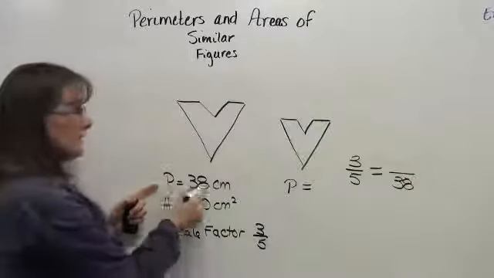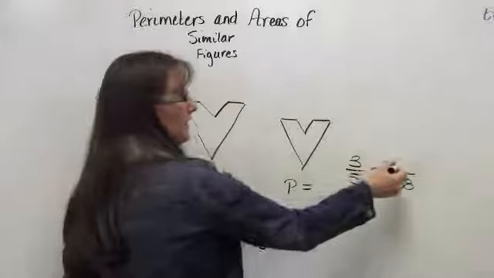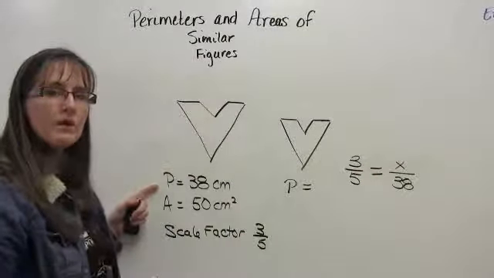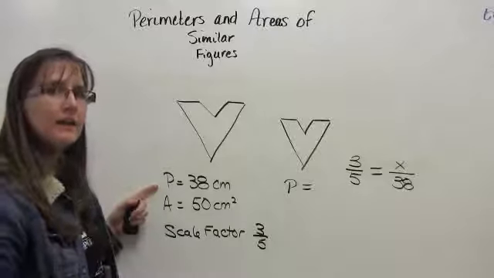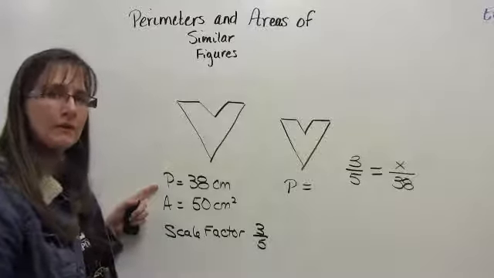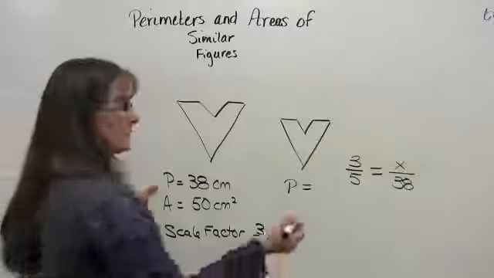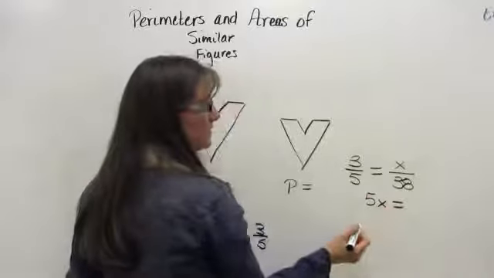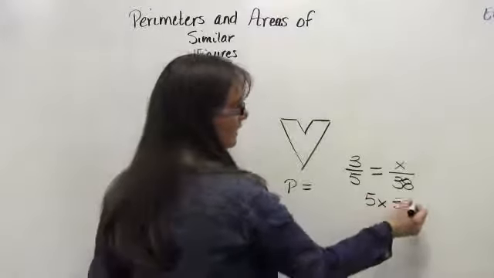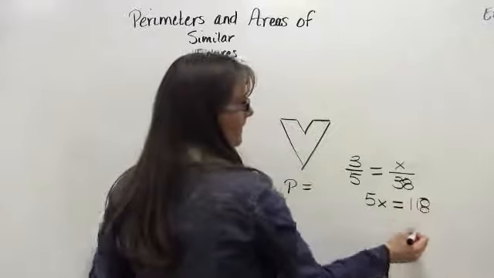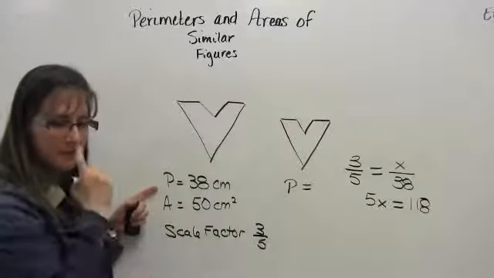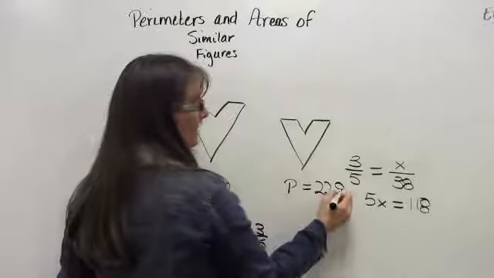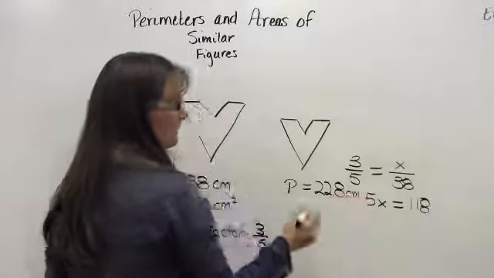And I'm trying to find the perimeter, so I can replace my numerator with an x. And by cross multiplying and dividing, I can figure out what the perimeter of the smaller shape is. So I would just say 5 times x is 5x, and that is equal to 38 times 3, which is 114. And when I do that math, I discover that the perimeter of the smaller figure is 22.8 centimeters.